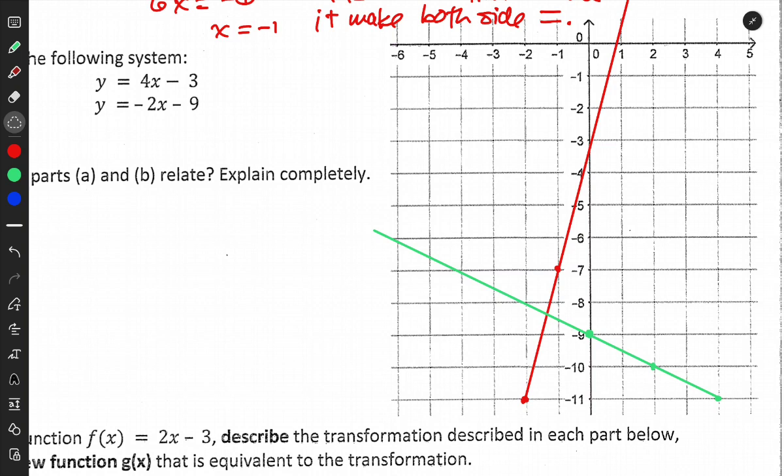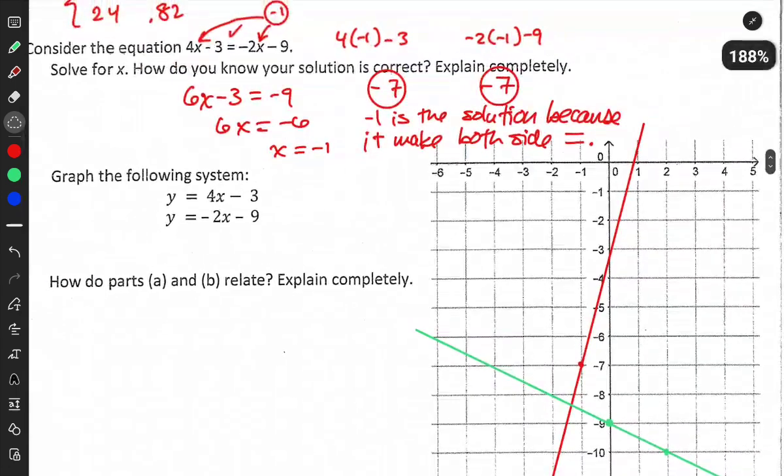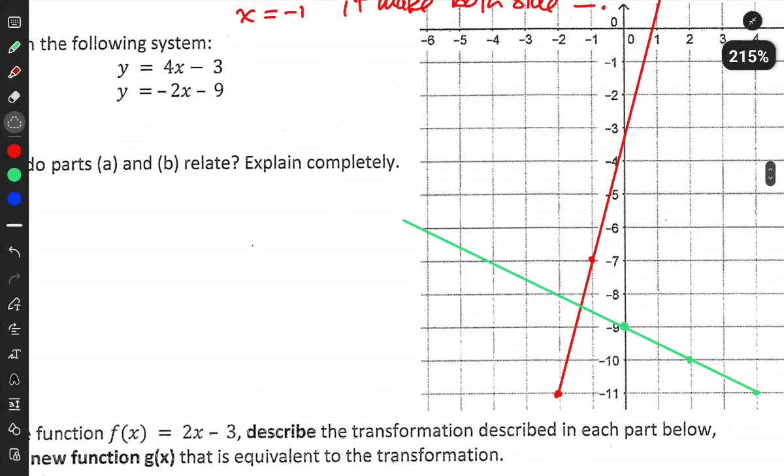I've done something wrong. I know I have to have done something wrong. I did a slope of negative 1/2, right? I know that I did something wrong because I know that these lines are supposed to intersect when x is negative 1 based on this first question. So, man, I'm glad I caught that early. I did down 1 over 2 but this has a slope of down 2 over 1.